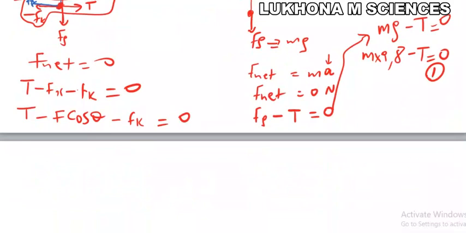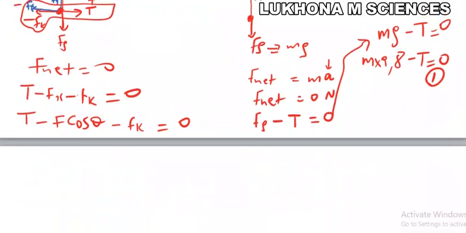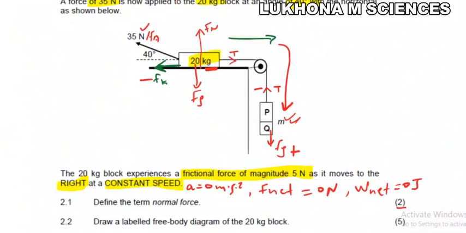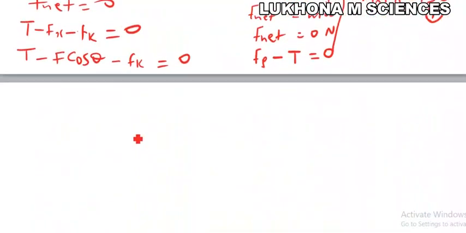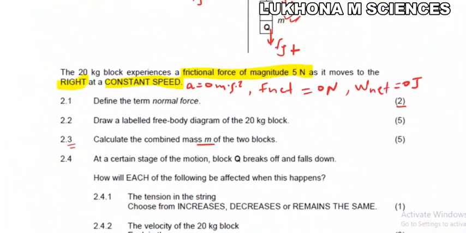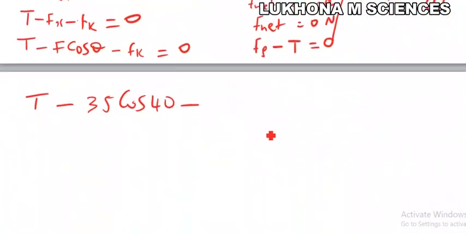The force that was applied was 35 at 40 degrees. So we have the tension minus 35 cos 40 degrees minus the friction, which was given as 5 newtons, which is equal to 0.